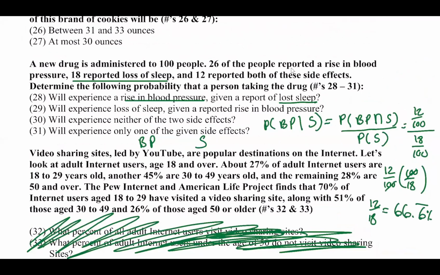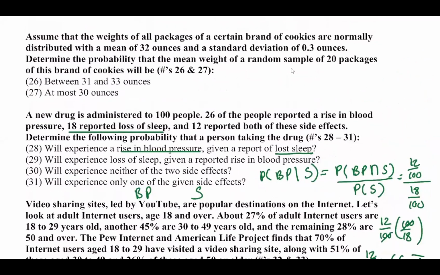All right, so I got for 30. If you look at number 30, it said will experience neither of the two side effects. So for this one, you can kind of draw a Venn diagram.